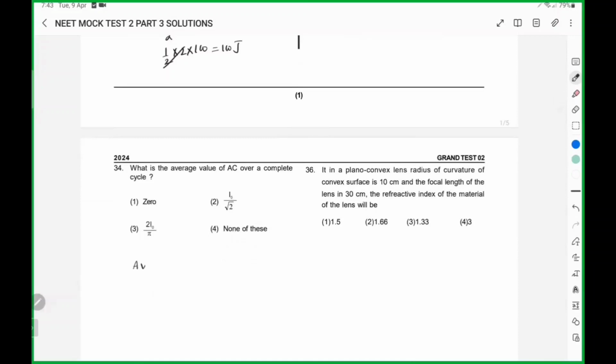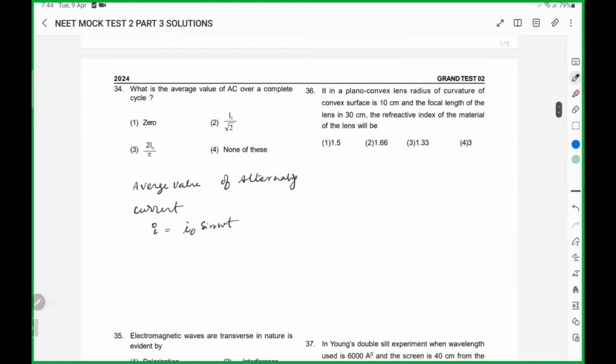So here what he is asking, the average value of alternating current. So alternating current with respect to time changes like this. So the average value for a complete cycle is total charge per period by total time taken, which will give you the average current.